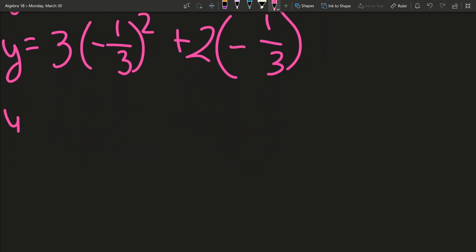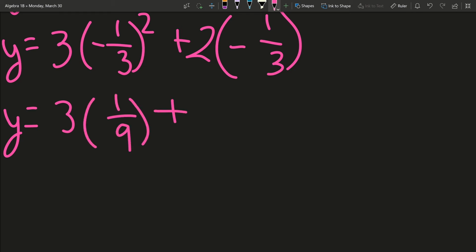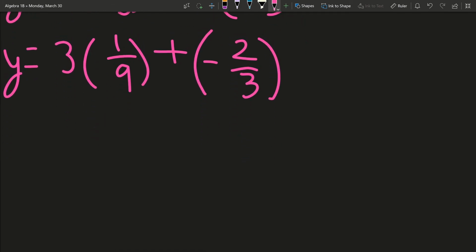If we simplify this, if we square -1 over 3, we're left with 1 over 9. Now if we multiply 2 times -1 over 3, we're going to have -2 over 3. Let's simplify this down some more. 3 times 1 over 9 is 3 over 9, and a positive times a negative is a negative.